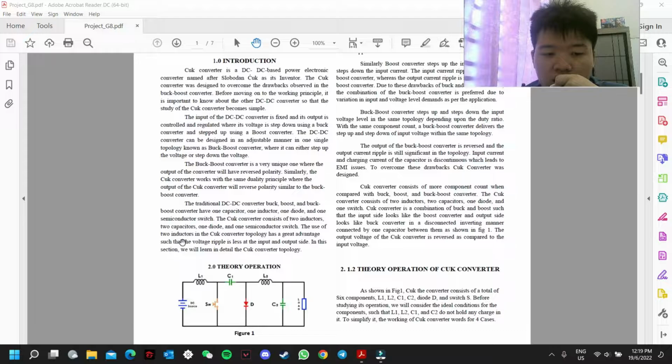The use of the two inductors in the choke converter has a great advantage, so that the voltage ripple is less on the input and output side. In this session, the theory of operation will be explained by my teammate later. So my part is already finished. Okay, thank you.